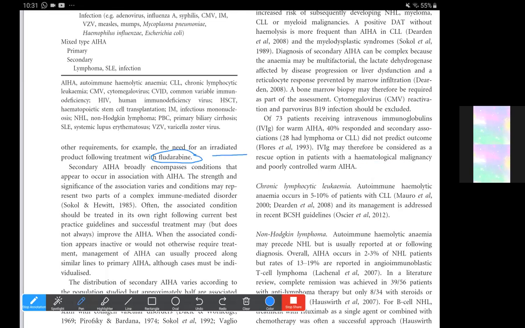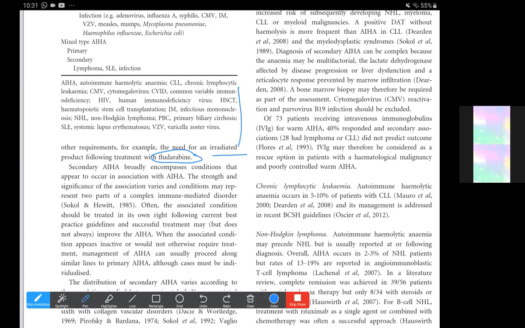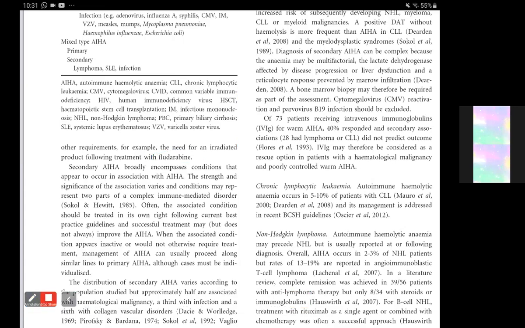So now the secondary autoimmune hemolytic anemia broadly encompasses conditions that are associated with autoimmune hemolytic anemia. The strength and significance of the association varies, and the conditions may represent two parts of a complex immune mediated disorder. Often the associated condition can be treated on its own, and often the anemia will improve when the causative agent is treated.